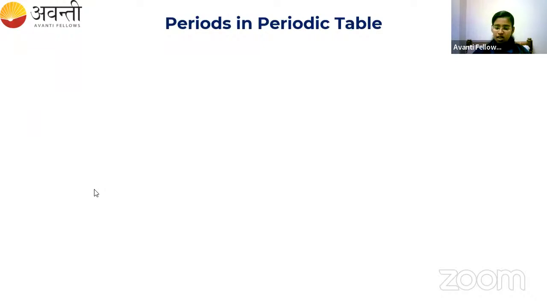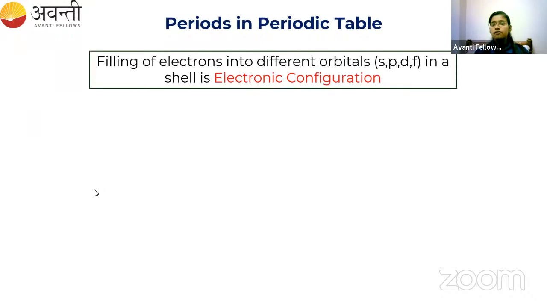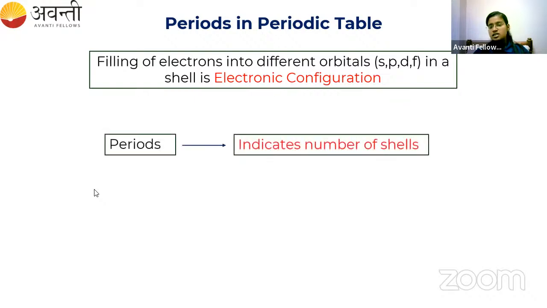Now, the filling of electrons into different orbitals. So s, p, d and f are the orbitals. The filling of electrons into these s, p, d, f orbitals in a shell is called electronic configuration. And the period indicates the number of the shell.